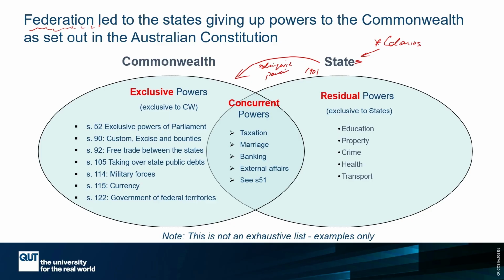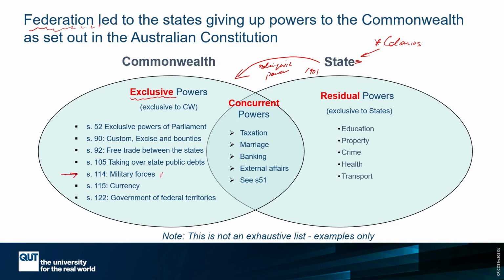So what did they do? Well, they actually didn't go as cleanly as saying the Commonwealth has these powers and the states have these powers. What it actually did was say there are some powers that only the Commonwealth has, exclusive powers. So the states gave up all the power around these areas. So for instance, here's one that might make sense. Military forces.